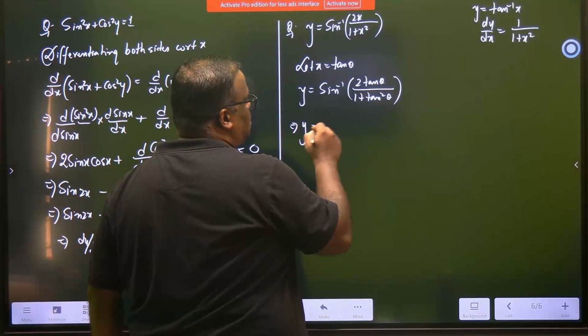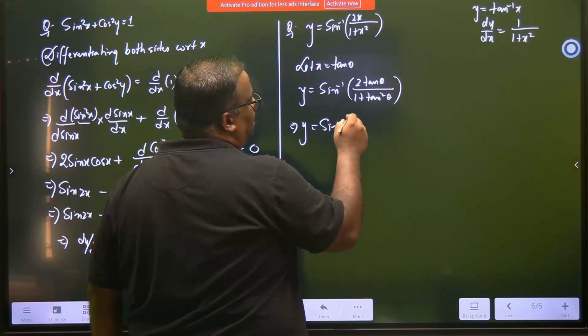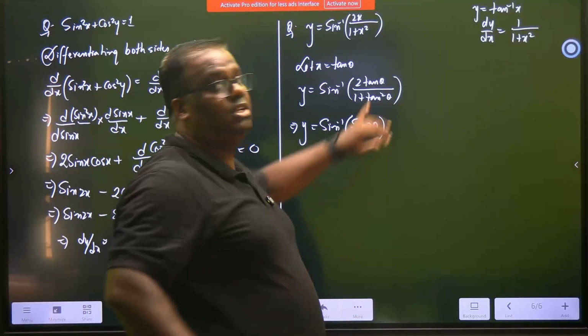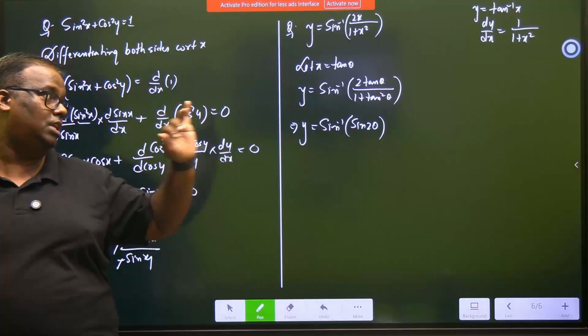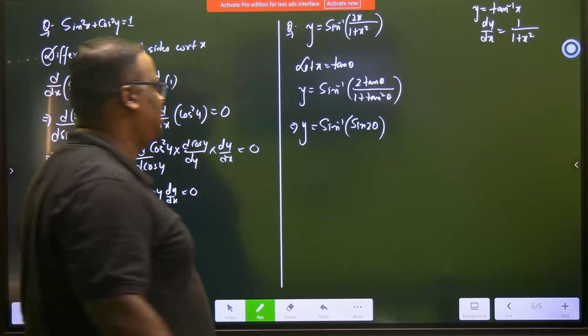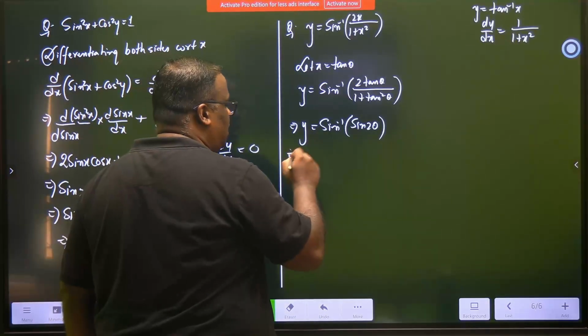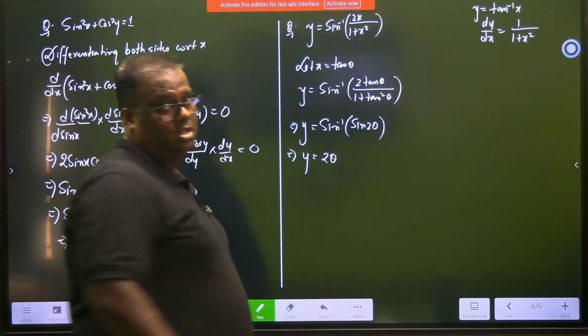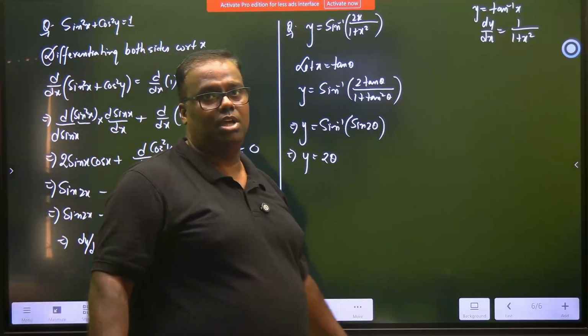This is y is equal to sine inverse of sine 2 theta. Sine 2 theta is 2 tan theta by 1 plus tan square theta. You will have to remember this, the sine 2 theta formula in terms of tan theta. Here we can straight away say y is equal to 2 theta, since sine inverse of sine 2 theta is 2 theta.